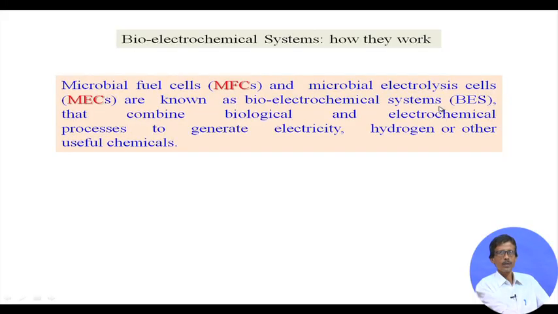Once you are asked what a bioelectrochemical cell is, you can say it involves electron transfer reactions, and it is an electrolysis cell or a fuel cell. It combines the two, one being the biological part and another the electrochemical part. So, two processes can go side by side to generate electricity, to generate hydrogen or other value added chemicals which we need for other purposes.